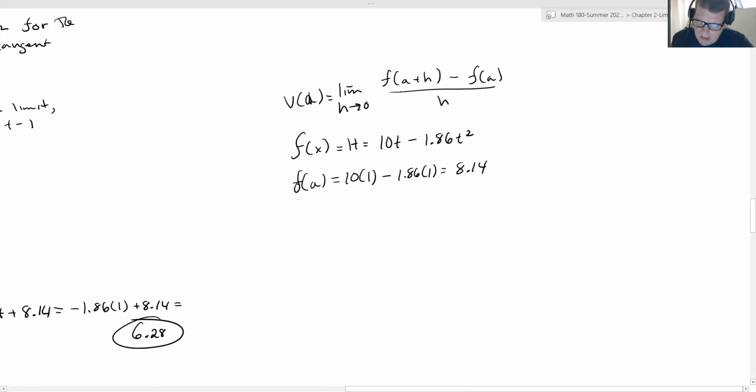All right, and then F of A plus H is going to equal F of 1 plus H, right, because A is 1.